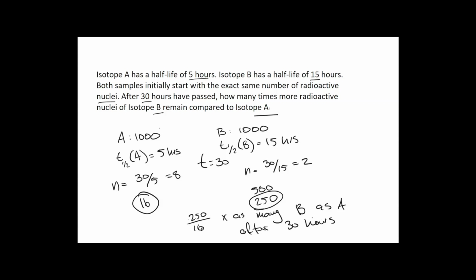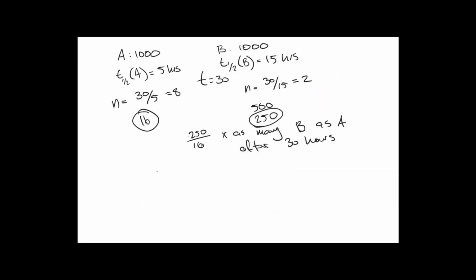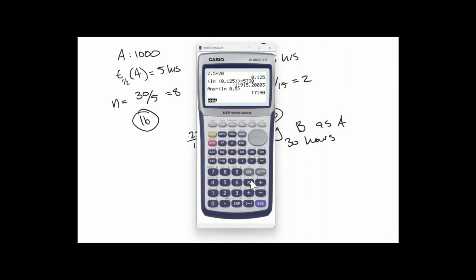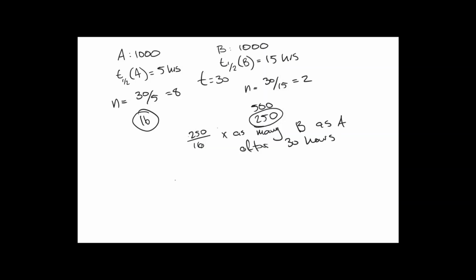And what is that as an actual number? So 250 divided by 16. There's going to be about 15 times as many B as A, because A is decaying much, much, much faster.